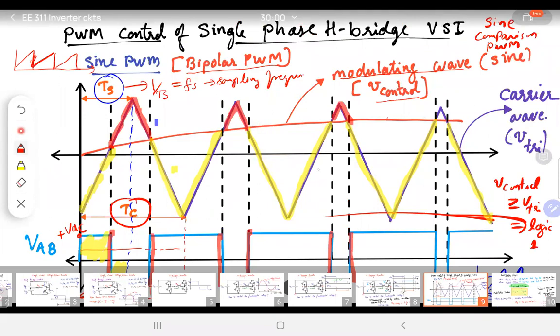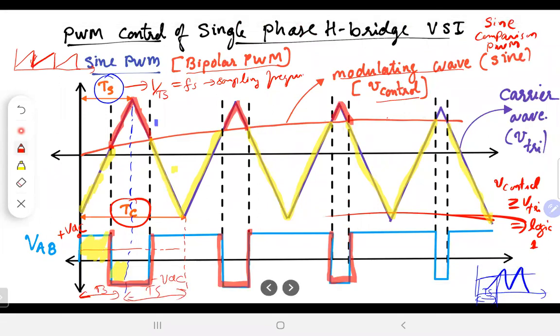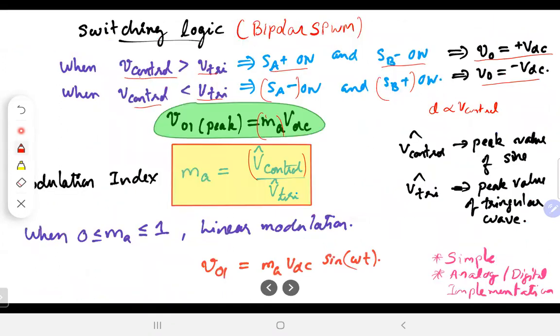So in this case, we would be interested to find the modulation index based on the peak value of the sine. Okay, so V control peak is the peak value of the sine or the modulating wave.